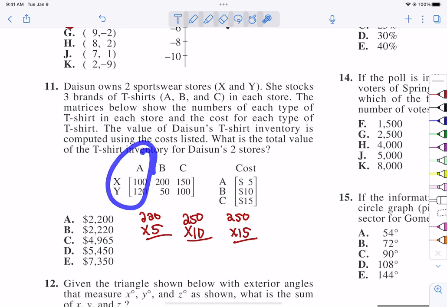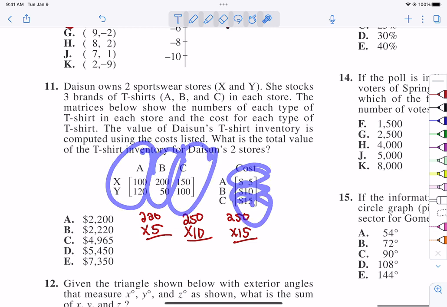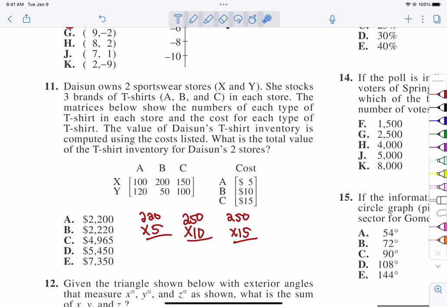I have this many A's, B's, and C's, and this one gives their value. You can tell it's the one with the dollar sign on it. If you add that all up, 220 times 5 plus 250 times 10 plus 250 times 15, you should get a total of $7,350. The answer is E.